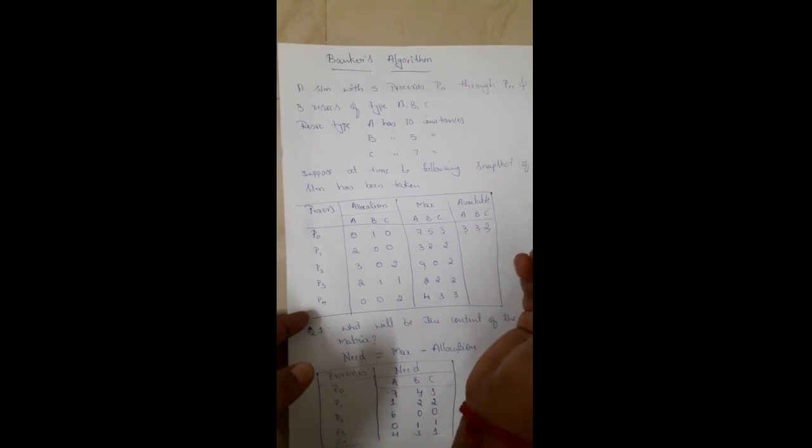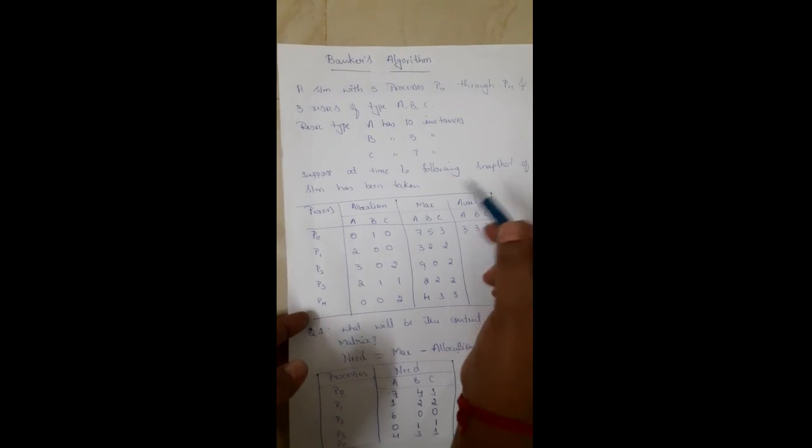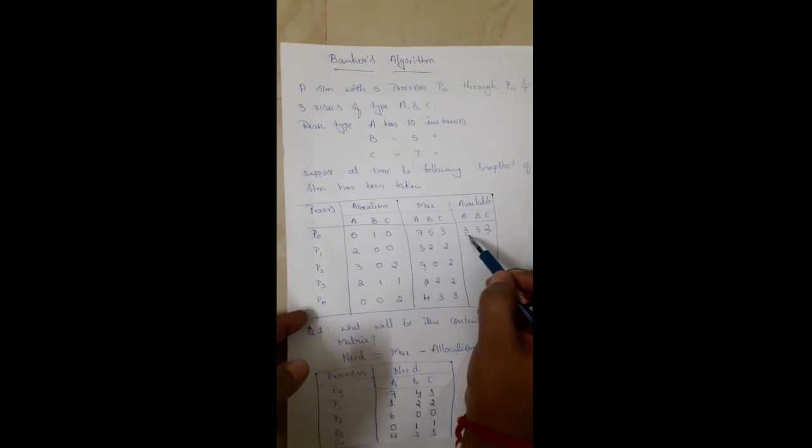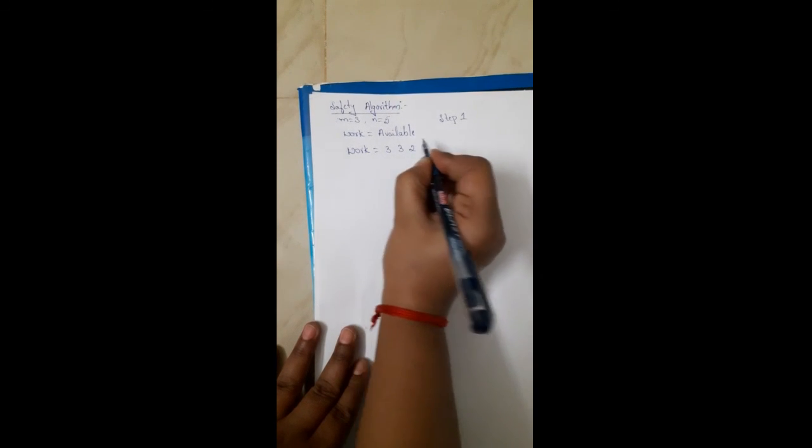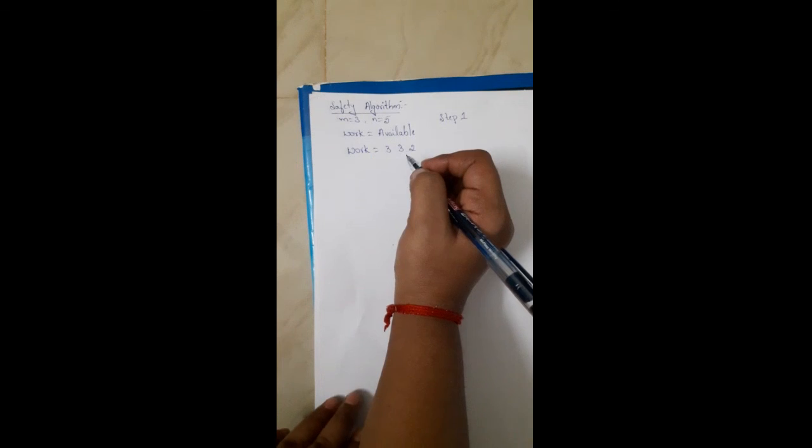I assigned the value of available to work. The available values are 3, 3, 2. A has 3, B has 3 and C has 2, right? So I am going to write it here: 3, 3, 2. Hope this is clear.